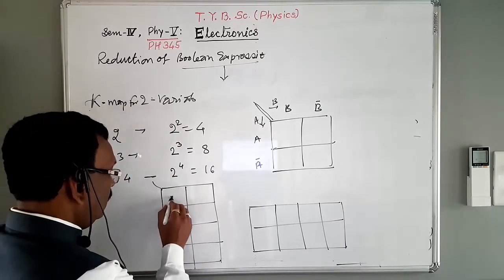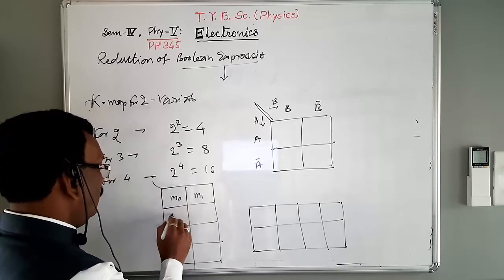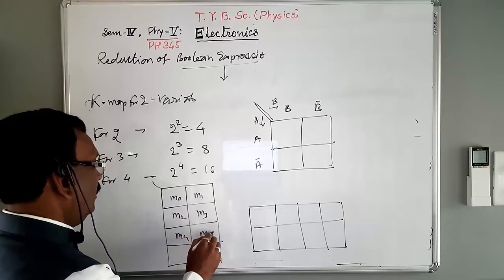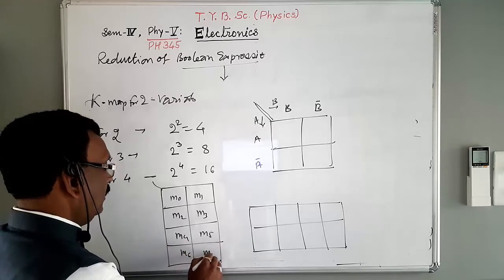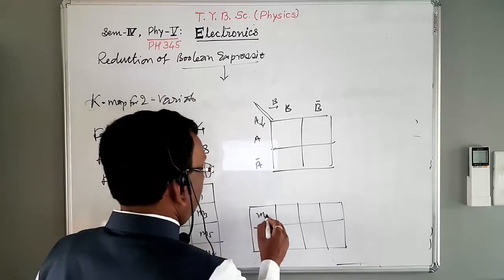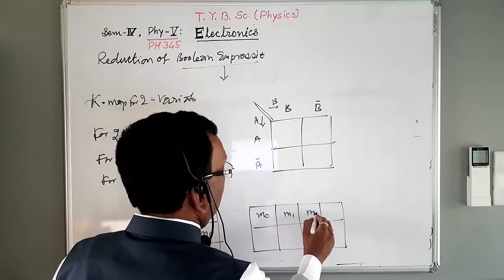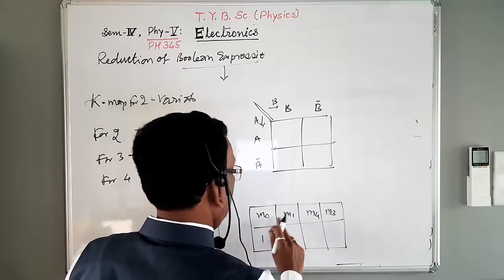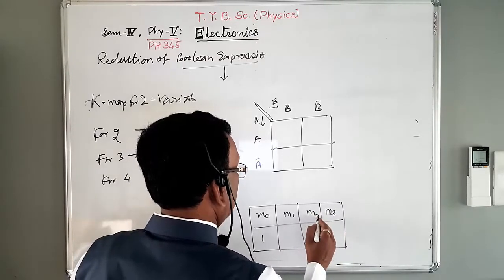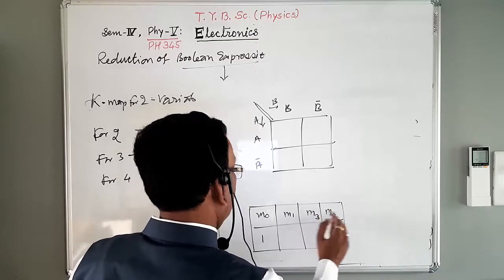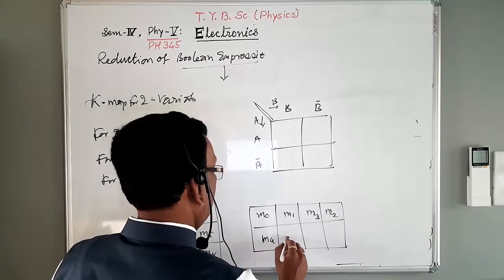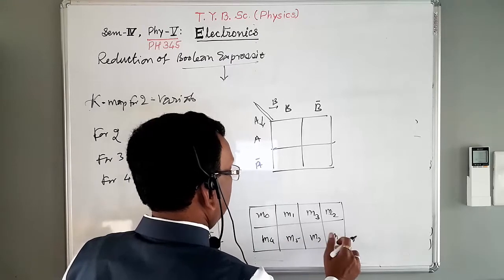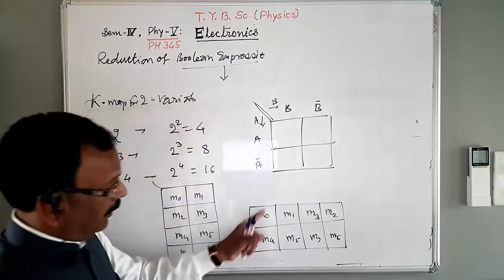The cells are M0, M1, M3, M2, M4, M5, M7, M6. These are the 8 cells.